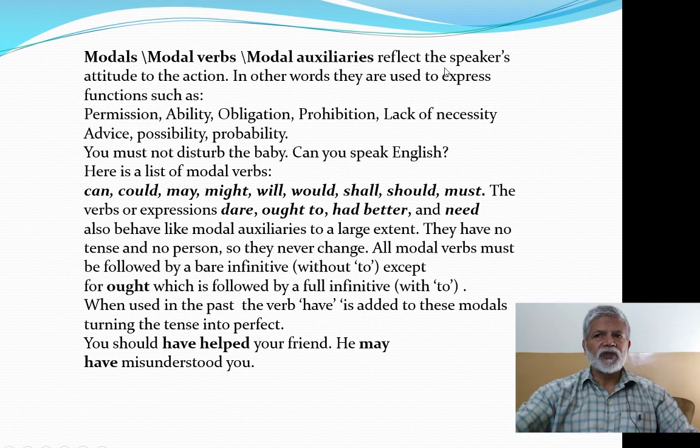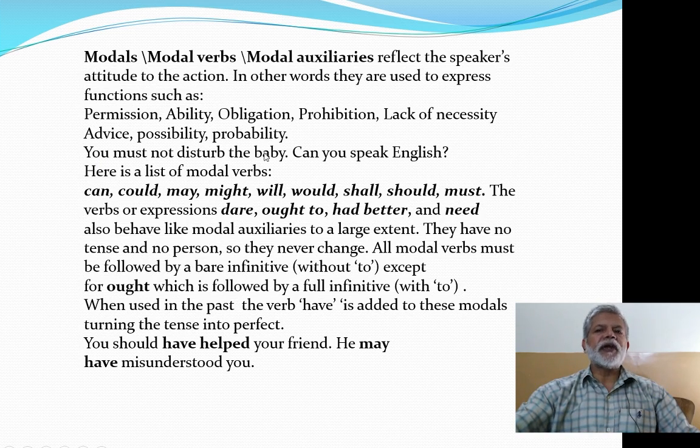Whoever is speaking shows his own opinion of the action. In other words, they are used to express functions such as permission, ability, obligation, prohibition, lack of necessity, advice, possibility, or probability.